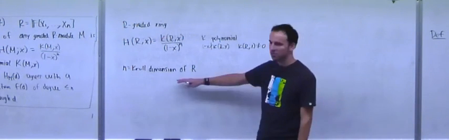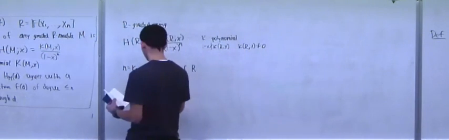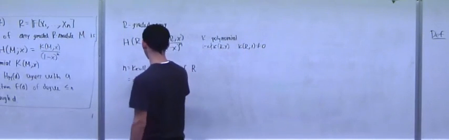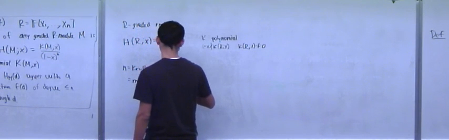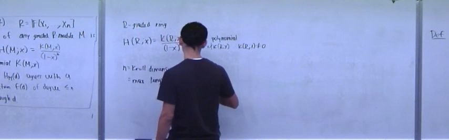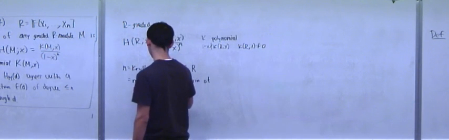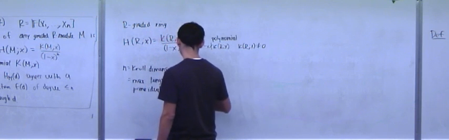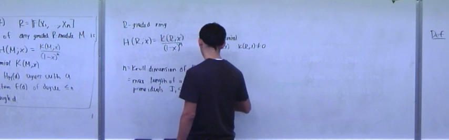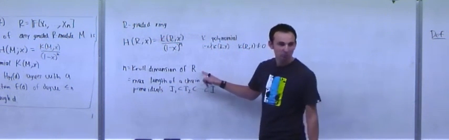And it turns out that this is the right definition, and it has nice properties, such as this is also the maximal length of a chain of prime ideals. So if you try to make a chain of prime ideals in your ring, then the longest you're going to be able to make it is n exactly.